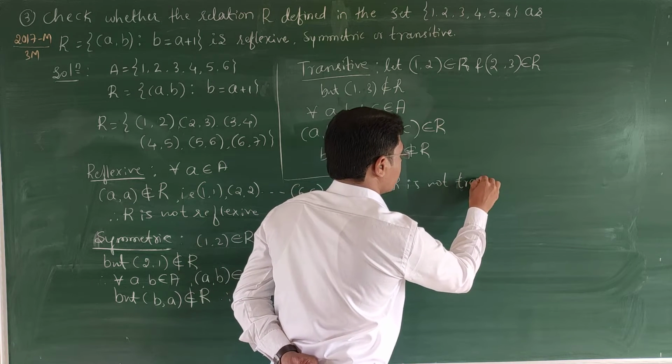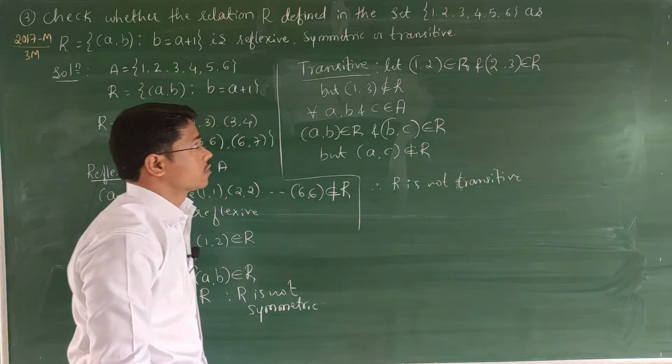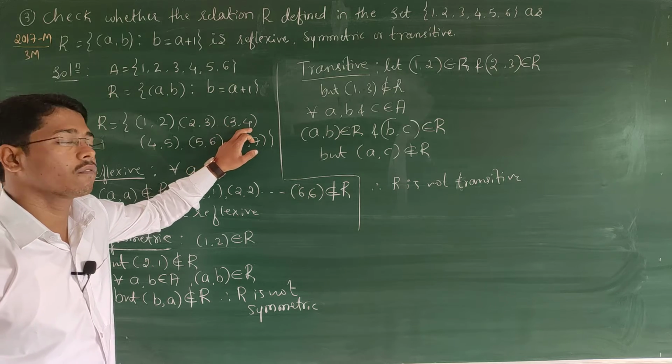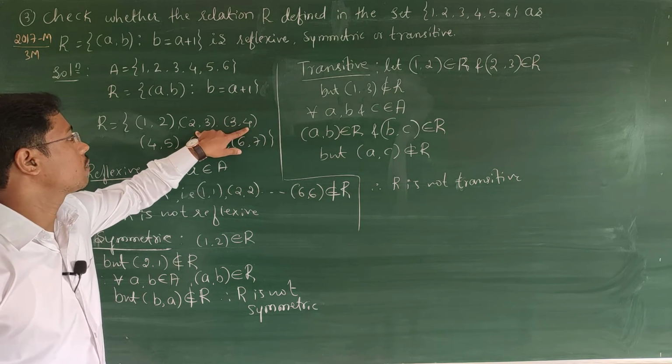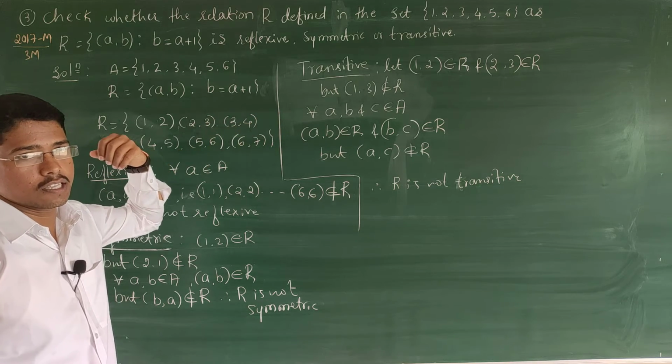Okay, see, take one more. (2, 3) belongs to R, (3, 4) belongs to R, but (2, 4) doesn't belong to R. Therefore, it is not transitive.